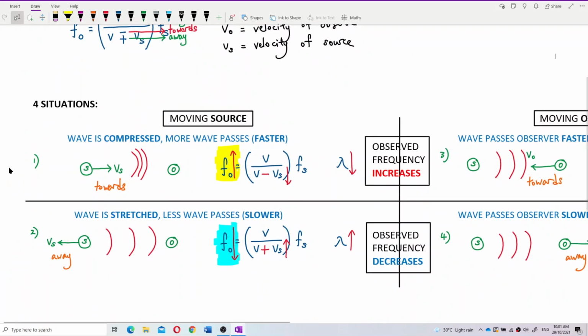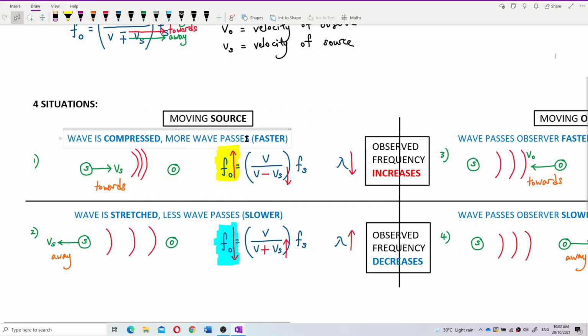The first situation is if the source is moving towards the observer. What happens is the wave is compressed. When the source moves towards the observer, the wave is compressed, which means more waves pass through the observer per unit time.